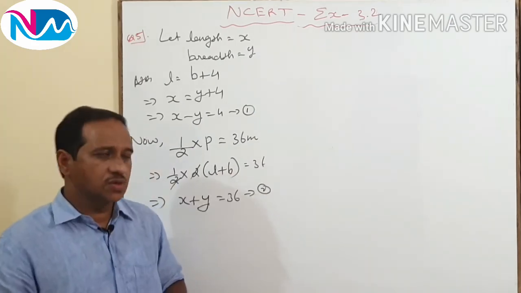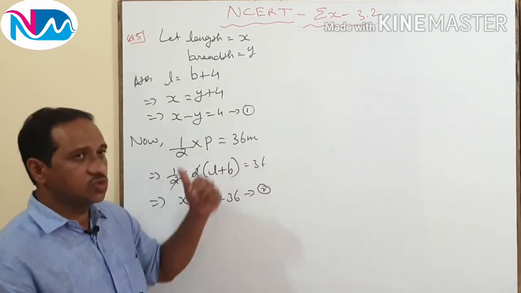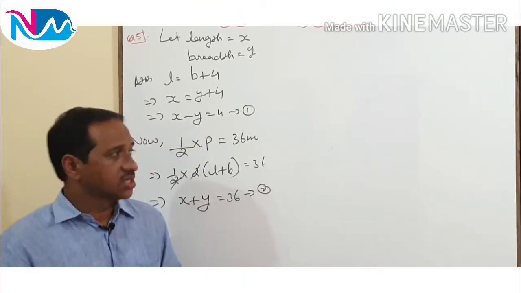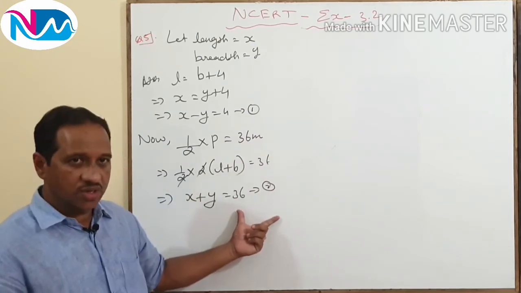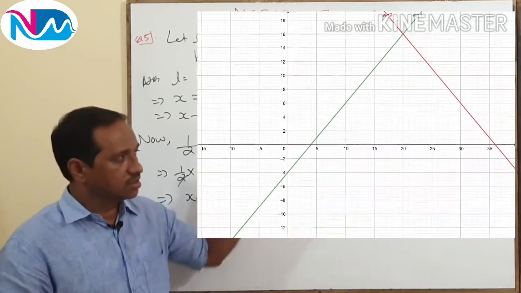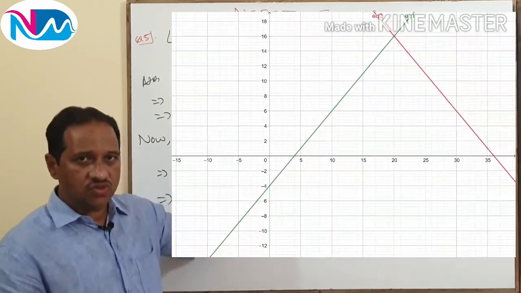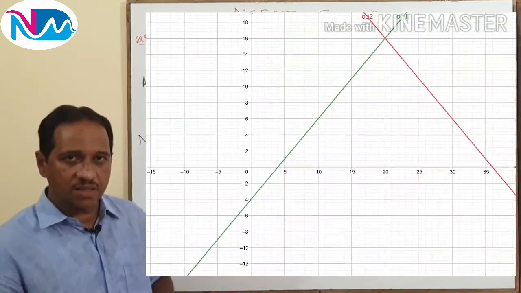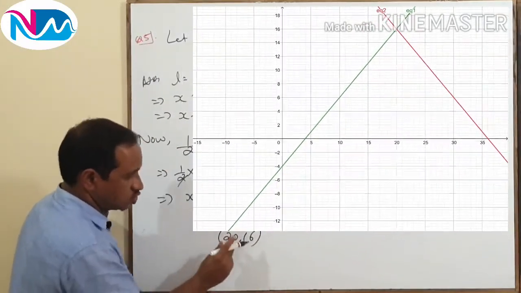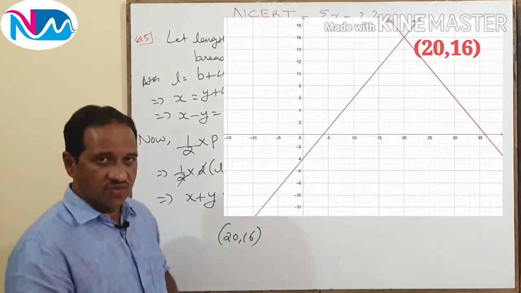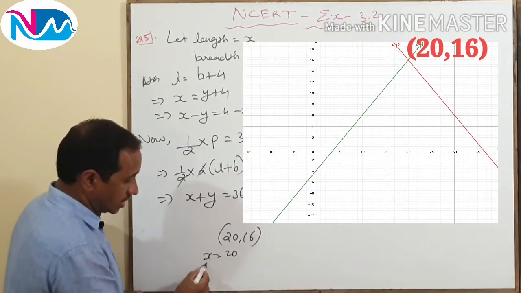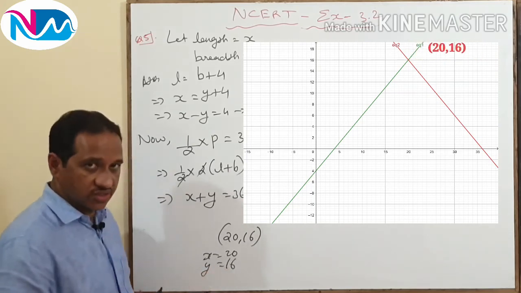The next step is to draw the graph representing these two equations, which was explained in the previous video. The graph representing these two equations you can see on the screen, and it is clearly visible that the two straight lines intersect at the point (20, 16), which shows that the value of x is equal to 20 and the value of y is equal to 16.